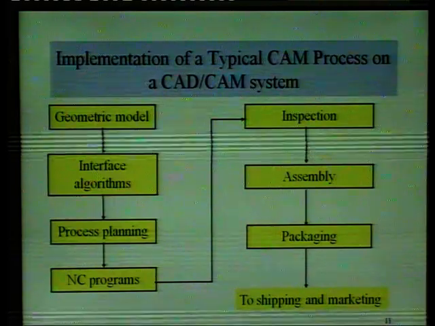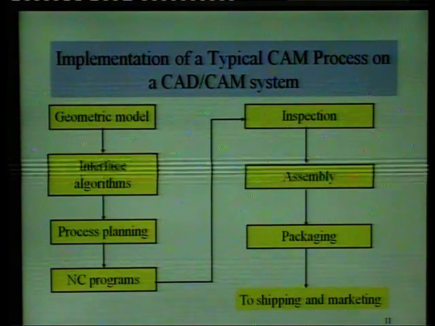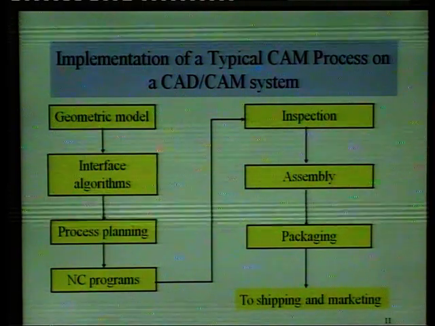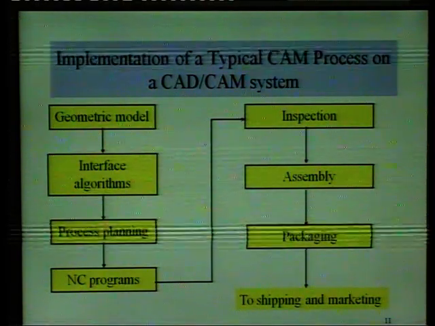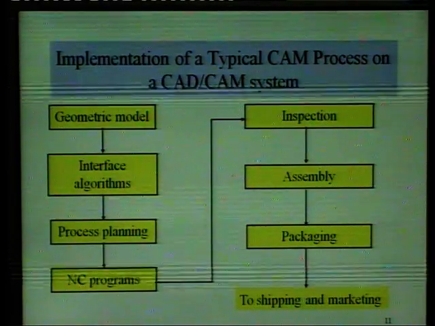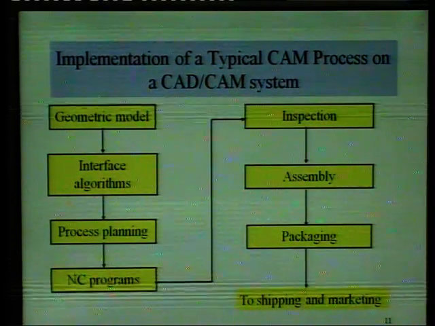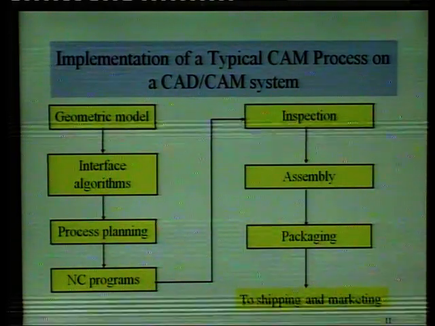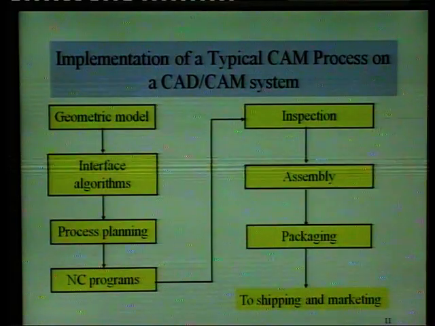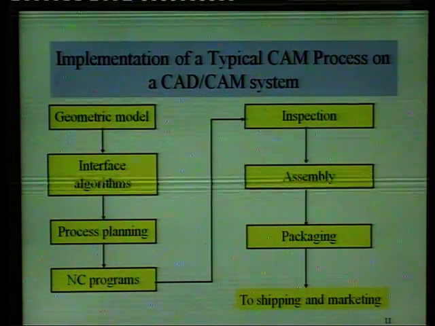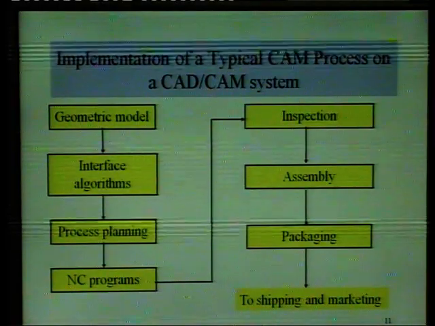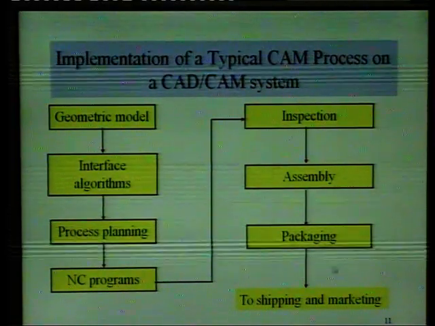And once different machines are assigned different processes, then each machine has to be programmed. If they are NC or CNC or DNC machines, each machine has to be programmed for doing the part of the process that it has to do for manufacturing of that part. So, this CAM process is called the making of the NC programs.